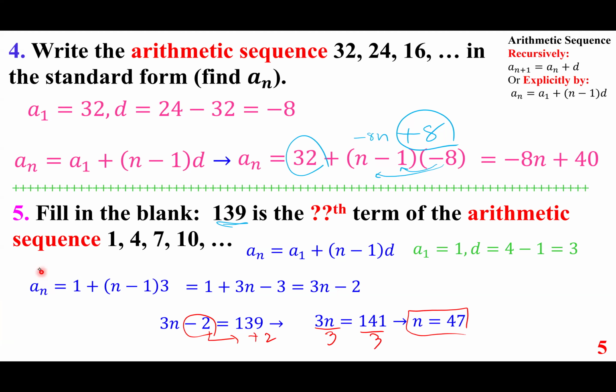Okay, so it's the 47th term. It's pretty straightforward.